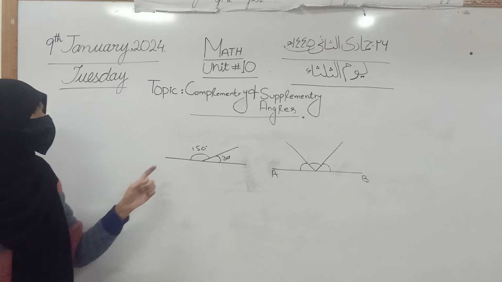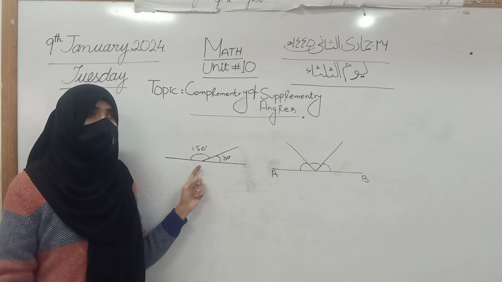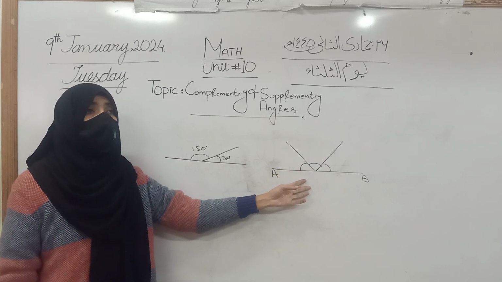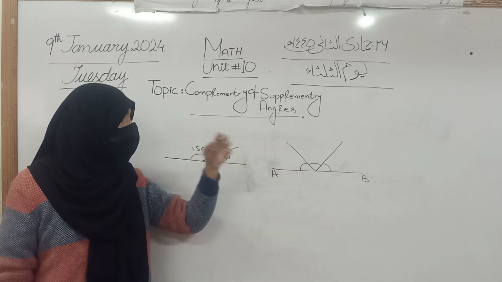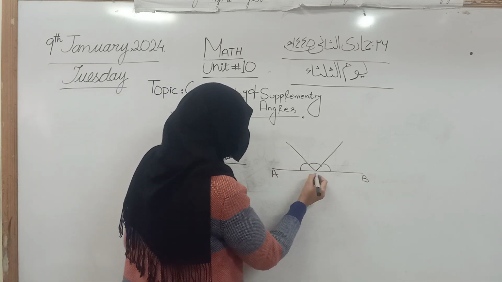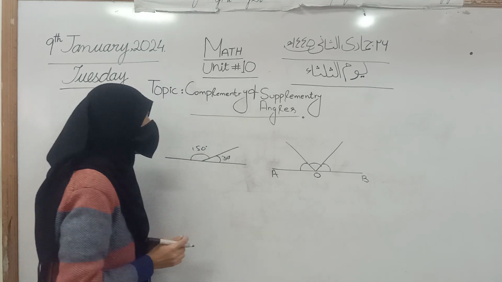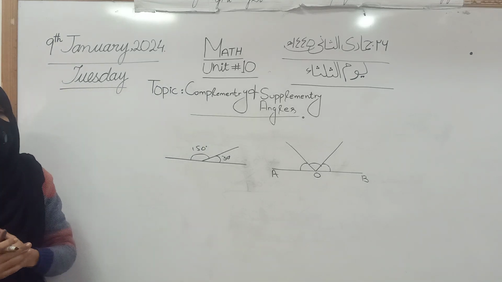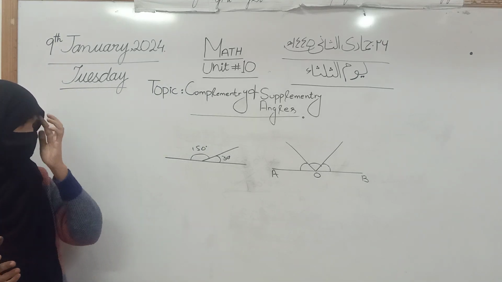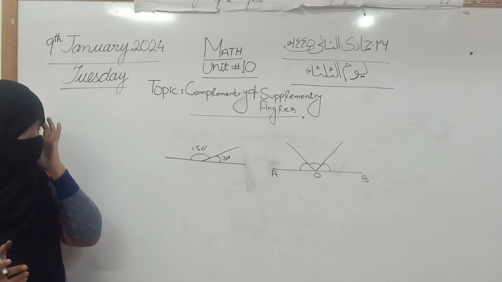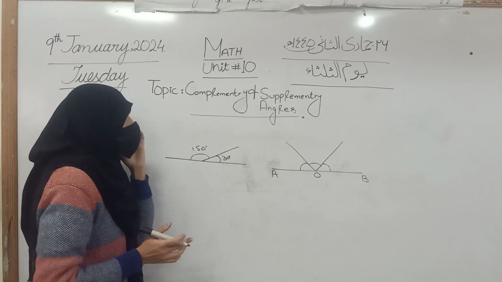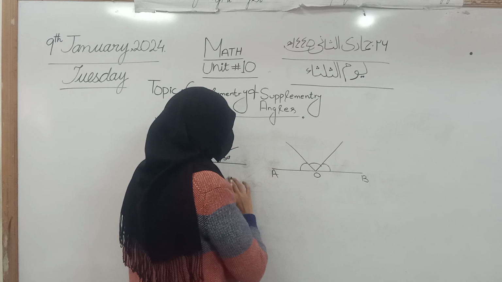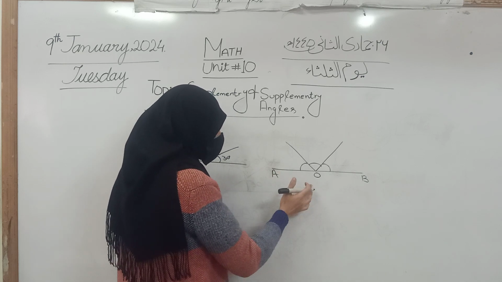There are three angles, three different angles of different measure. Okay, and this common vertex will be known as O. You can write names according to your choice. It's up to you. There are no boundaries to fix the names. Okay. Now, both the figures are on straight lines.